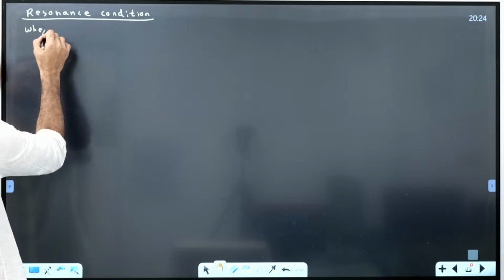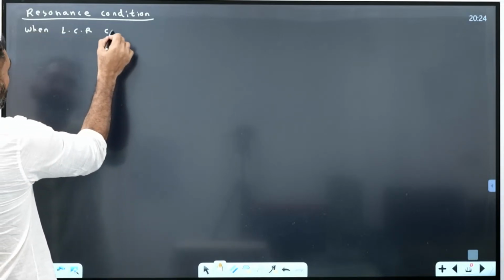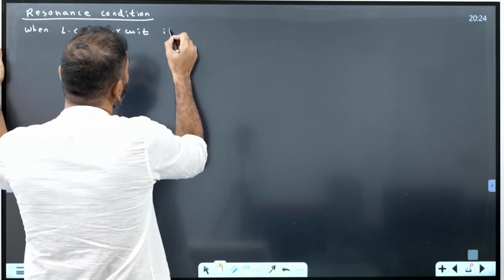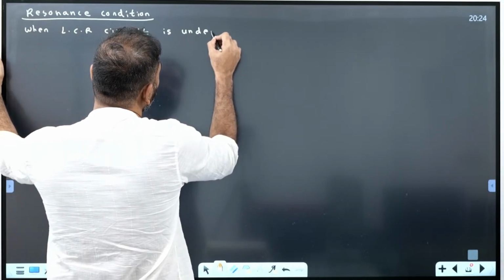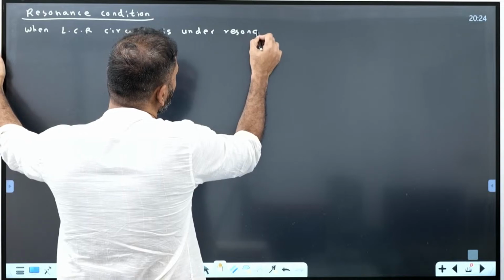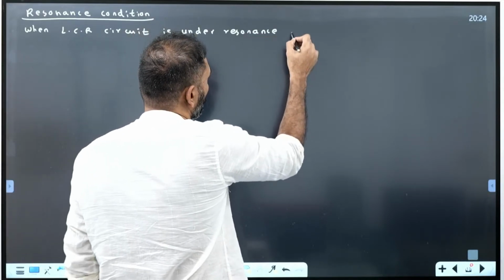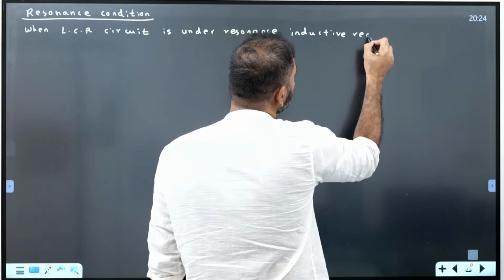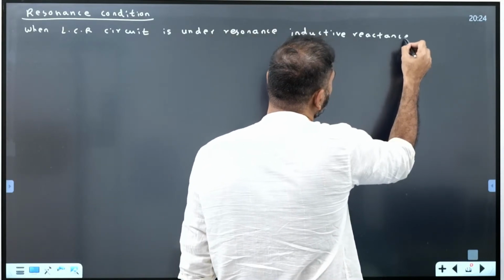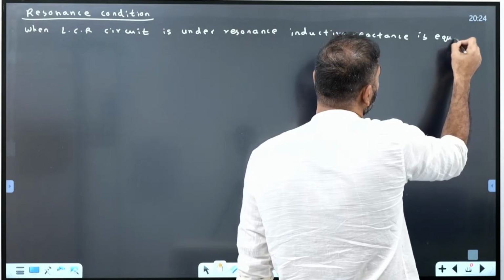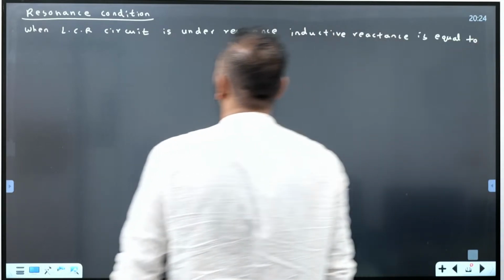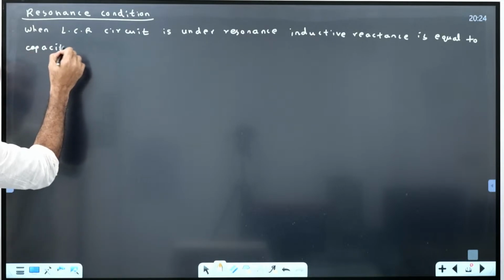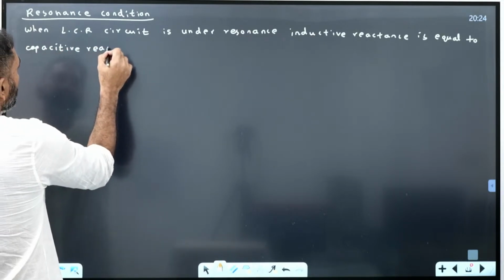When an LCR circuit is under resonance, the inductive reactance is equal to the capacitive reactance.